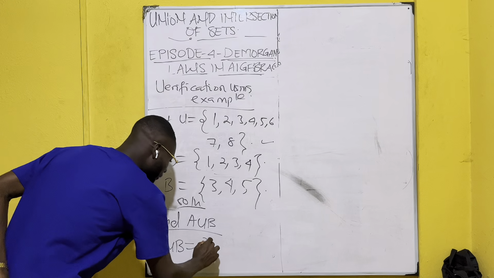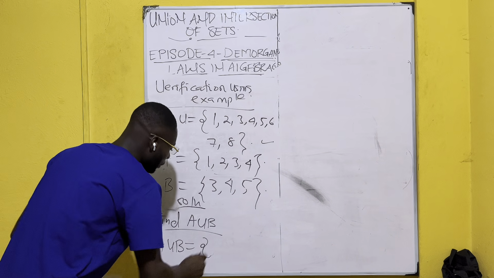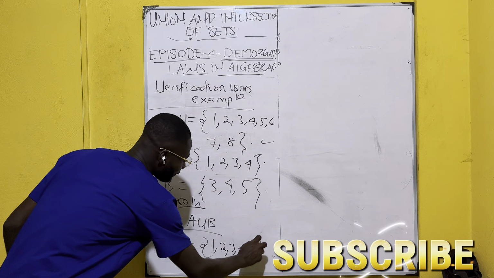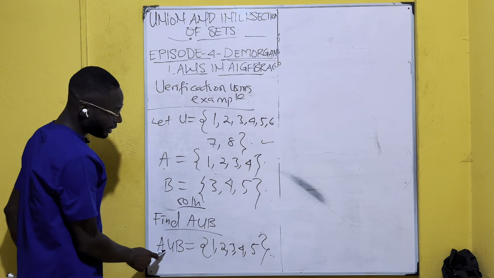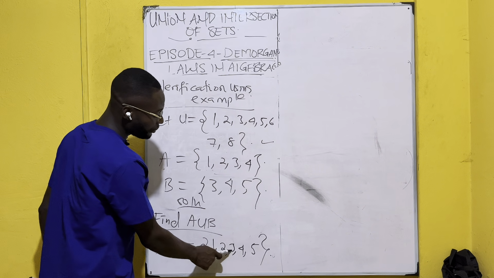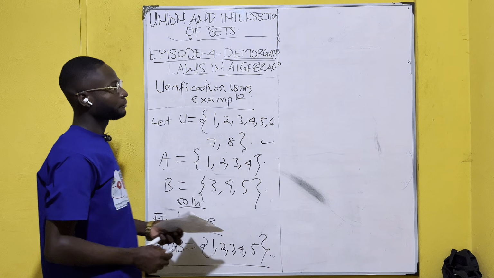So we write 1, 2, 3, 4, 5 here. So basically A union B contains the elements 1, 2, 3, 4, 5. So that is A union B.